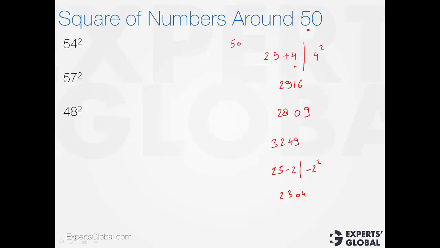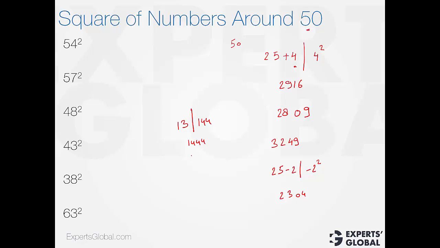Let's try doing it mentally now. 43 square, so 25 minus 7, 18 on the left side, minus 7 square, 49 on the right side, so it's 1849. 38 square, 25 minus 12, 13, and on the right side you have 12 square, 144, so 13 and 144 becomes 1444. 1 comes this side, the result is 1444.